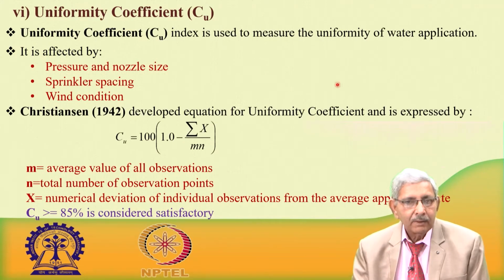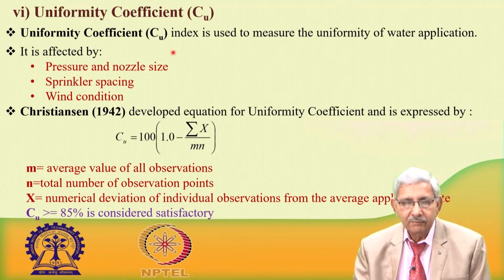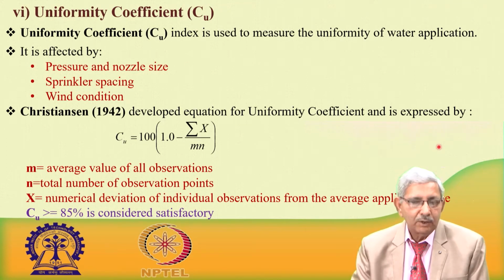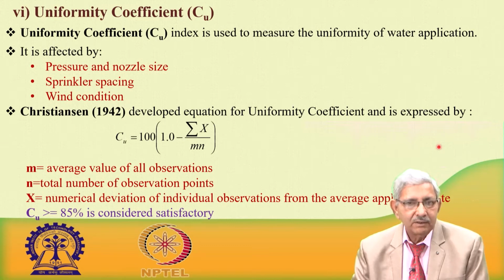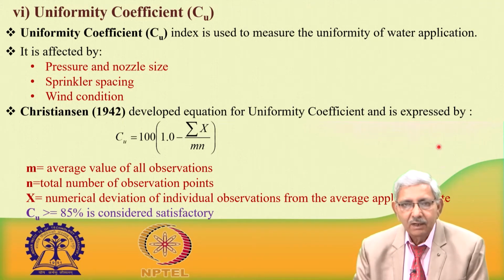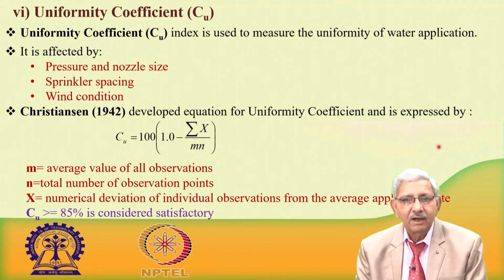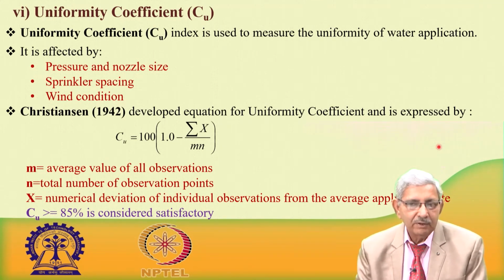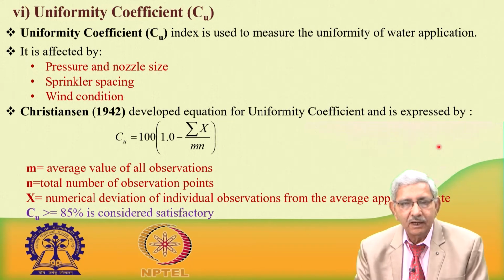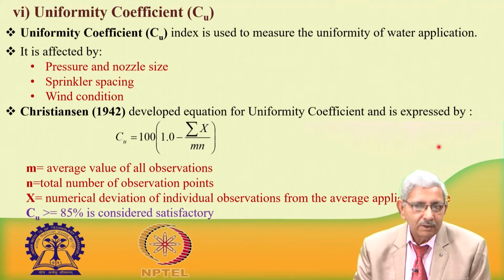Another important parameter of evaluation is the uniformity coefficient. It is an index to measure uniform depth of water application, and it is affected by the pressure, the size of the nozzle, the spacing between the sprinklers, and whether calm wind conditions exist or there is more wind speed.